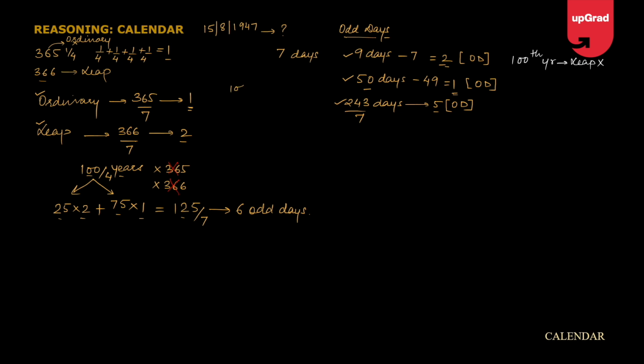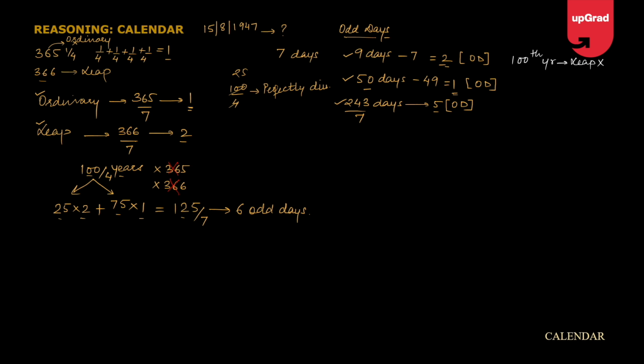We divide the number by 4. If it is perfectly divisible, the number is called a leap year. 100 is perfectly divisible, but I'm saying that it is not a leap year.